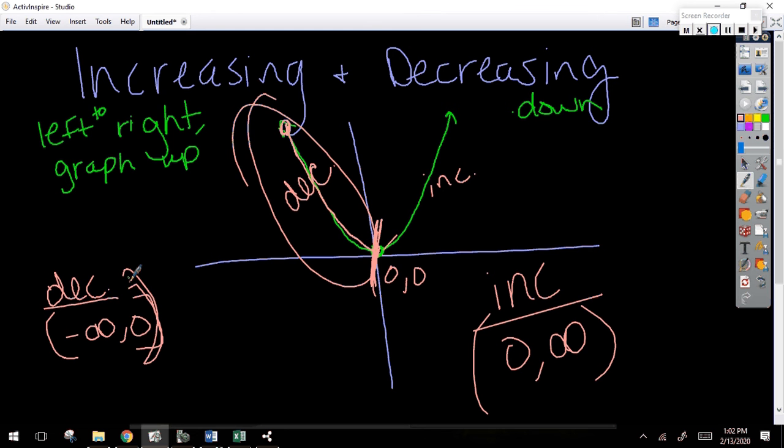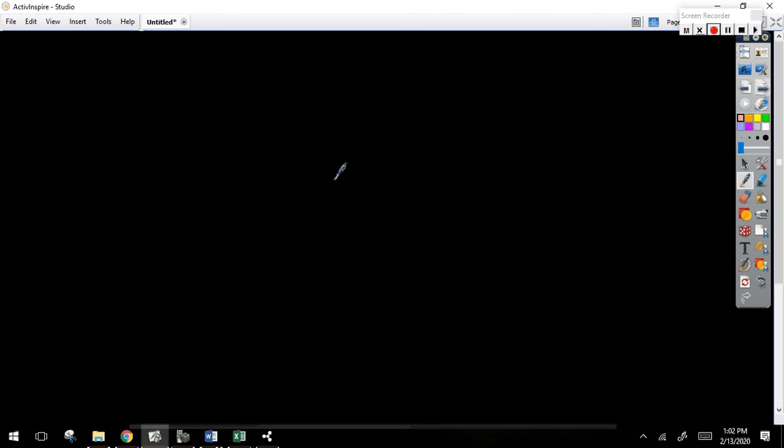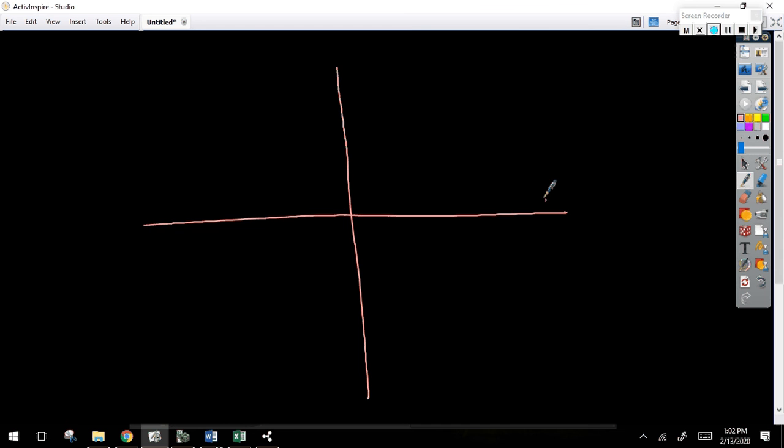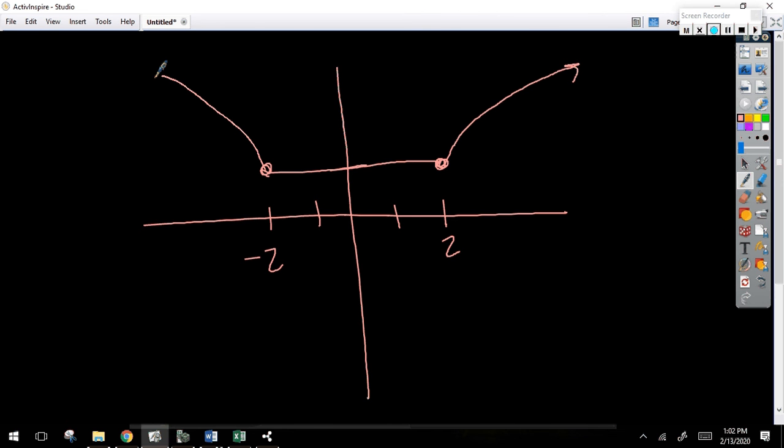Let's do one more. I'm going to get this one out of your book. And I'm going to make this not, we'll make it continuous. There's my graph.